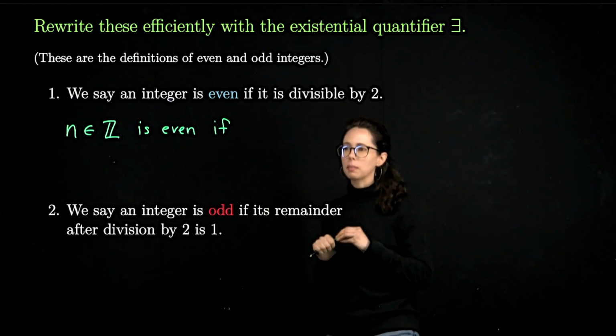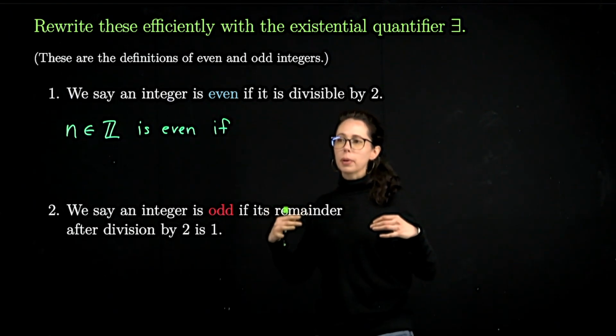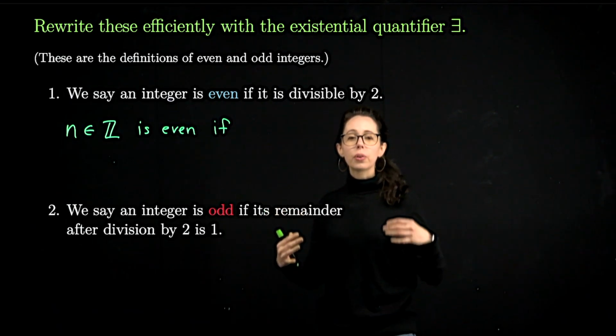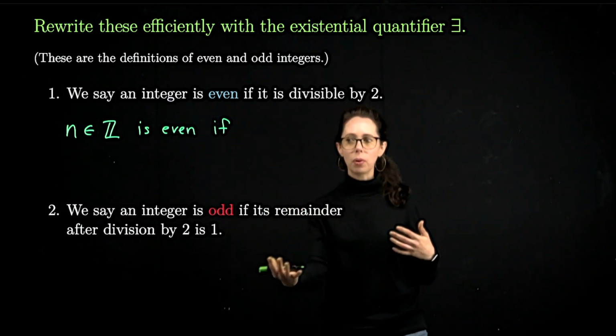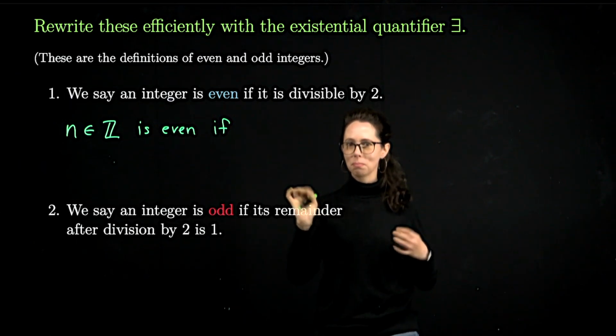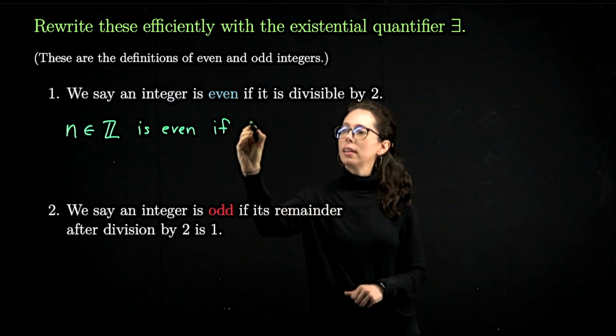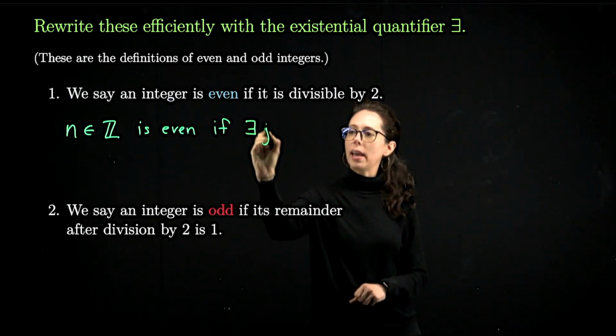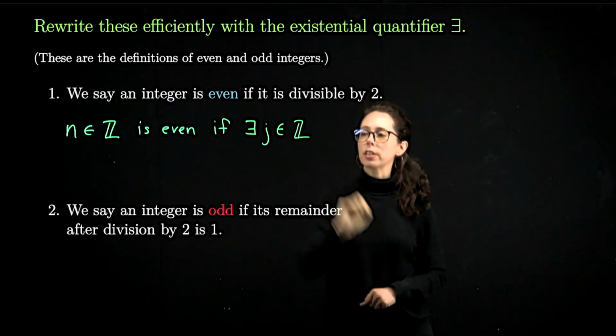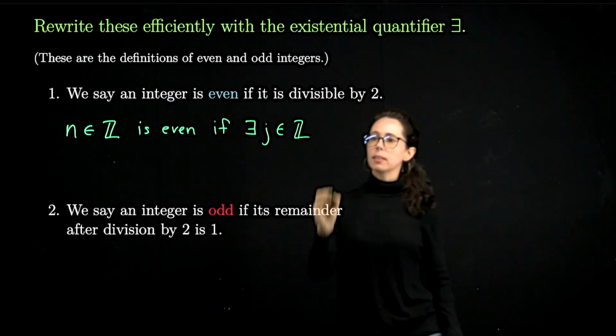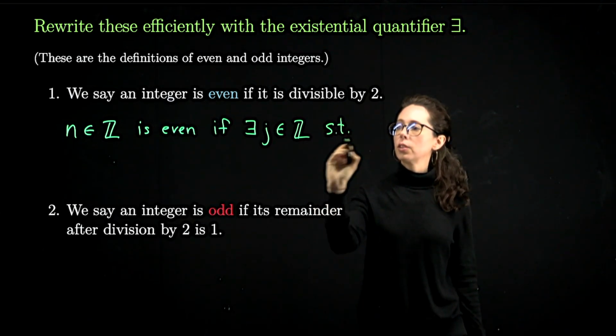All right, so what this means is a number is even if you can find something whose double gives you back the number n. All right, so that's leading to the existential quantifier. So n is even if there exists a j from the set of integers such that 2j is n.